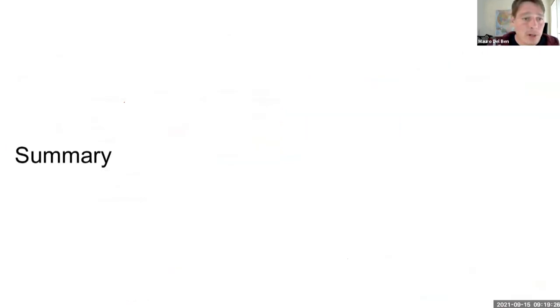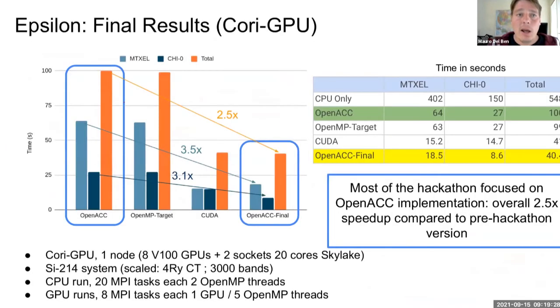So let me summarize the results here. At the beginning of the hackathon, we were not that competitive with the CUDA implementation, but at the end of the hackathon, we were able to achieve an overall 2.5x speed up compared to the baseline model. And both of the kernels, MTXEL and chi-0, have been accelerated by more than 3x.